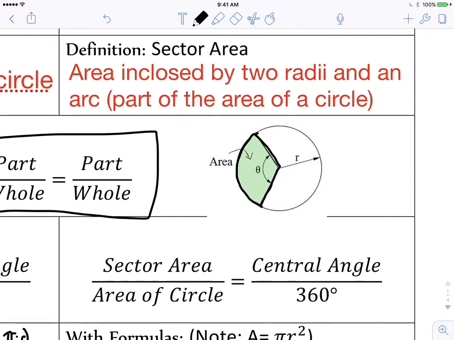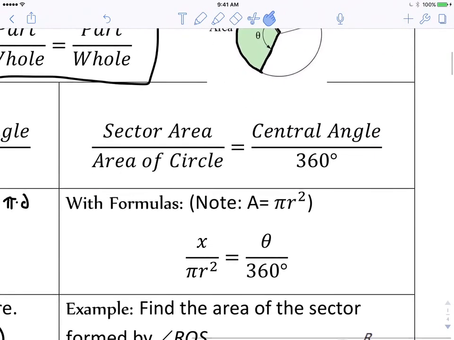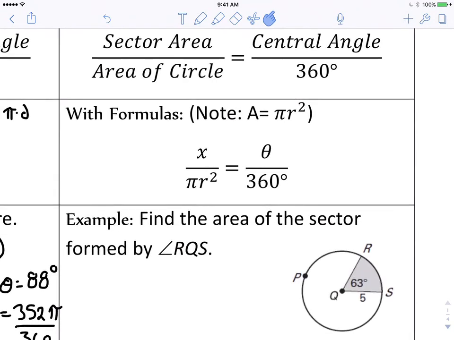Again, we're going to look at the part of the area we're looking for divided by the entire area, and we'll compare that to the part of the angle measure divided by the whole angle all the way around, 360 degrees. More specifically, we can fill in some parts of the formula. Area always uses radius, so it's always going to be pi r squared. So it's x, our unknown, over pi r squared is equal to theta over 360.